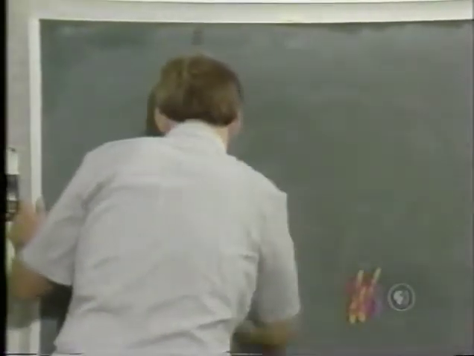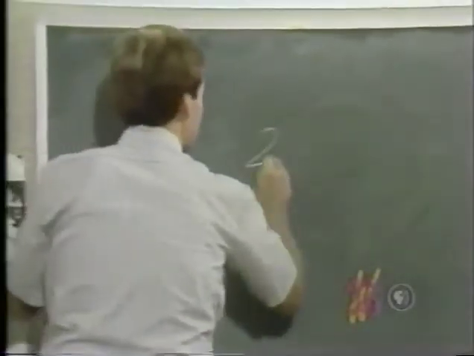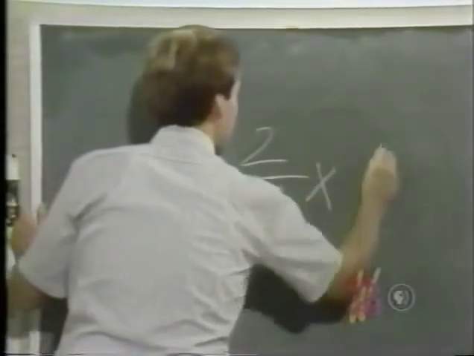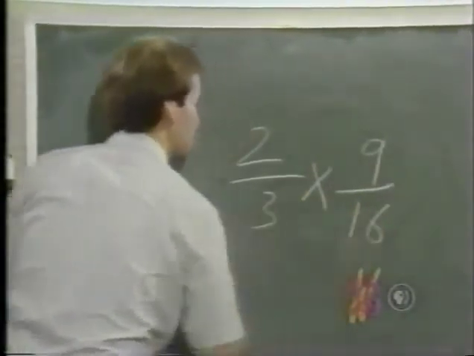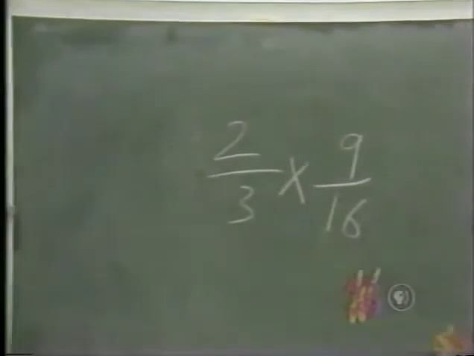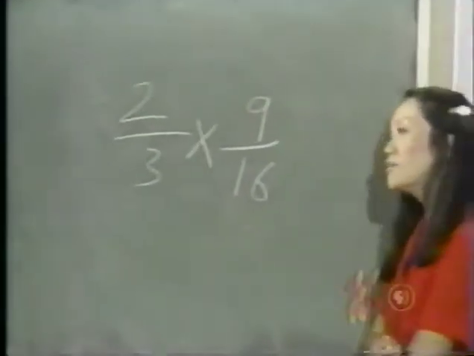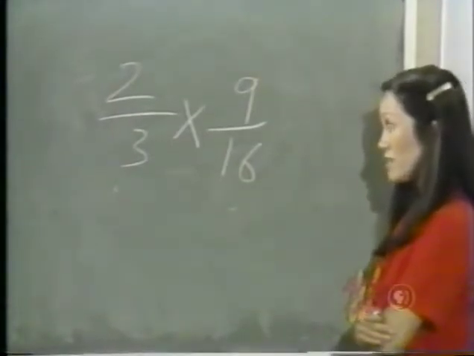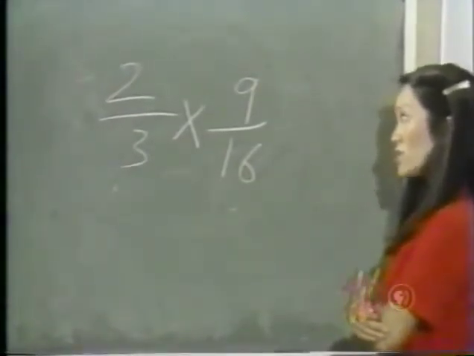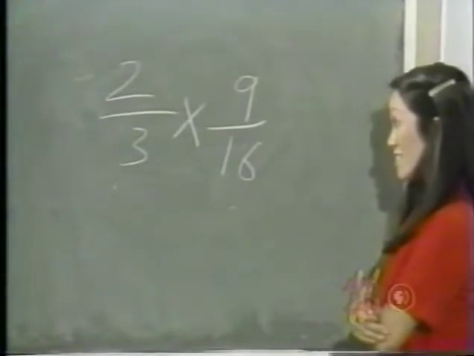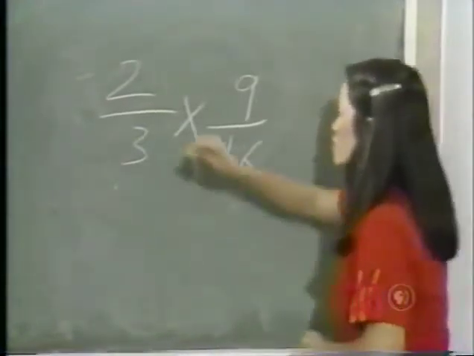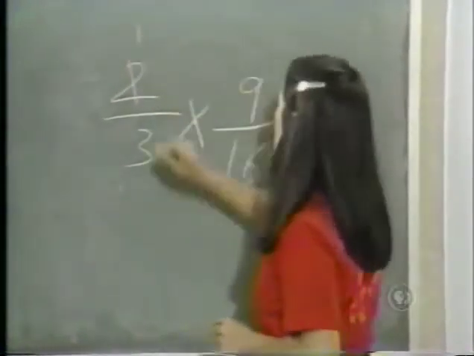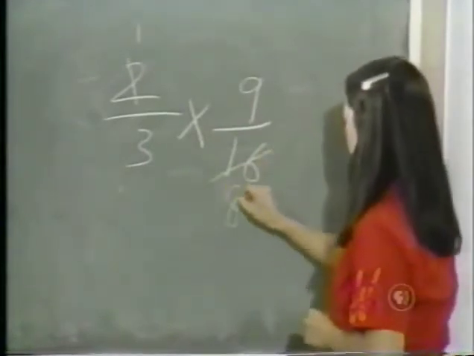Let's try 2/3 times 9/16. See what you do with that. Okay. Now, I'm looking for a common factor that's going to go into both the numerator and the denominator, right? That's right. So 2 goes into 2 and 16. Good. Now go on with that. 2 goes into 2 once and into 16 8 times.